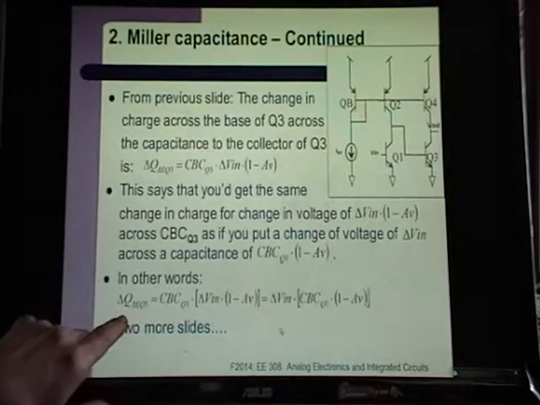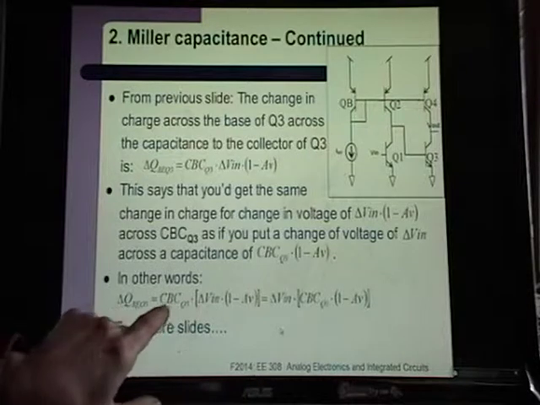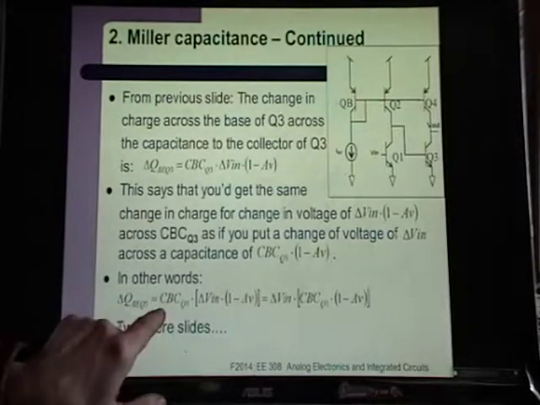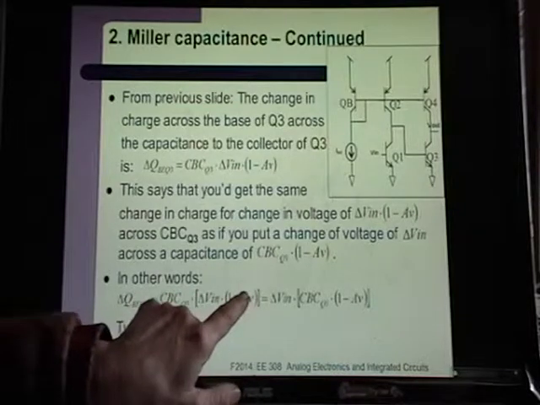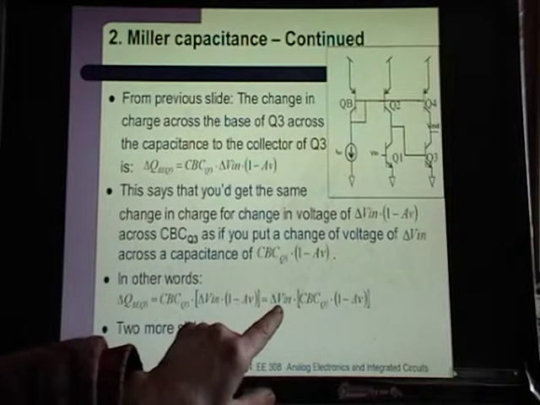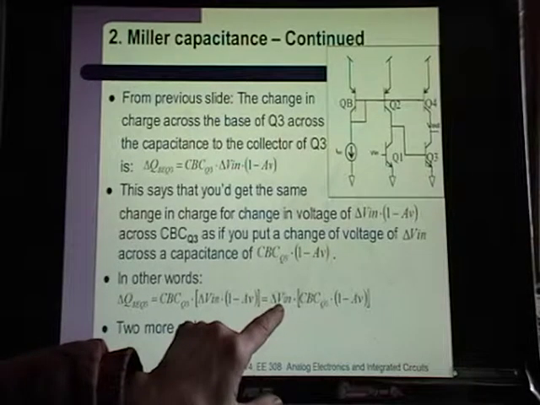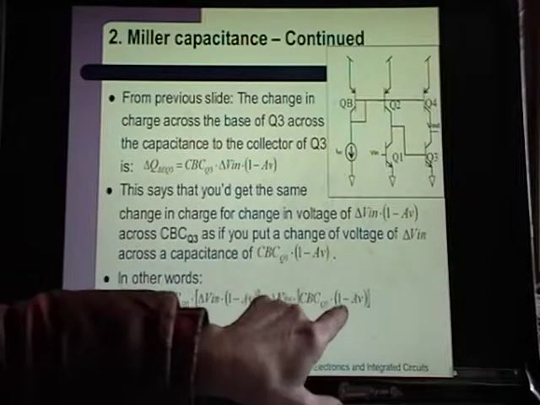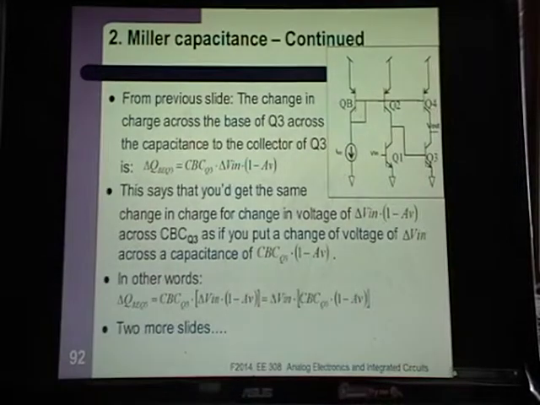We know that if I change V in this much, I get a change of voltage across CBC of this whole amount. But you can also say that's the same as having a change of V in across a capacitor of size CBC times 1 minus AV.